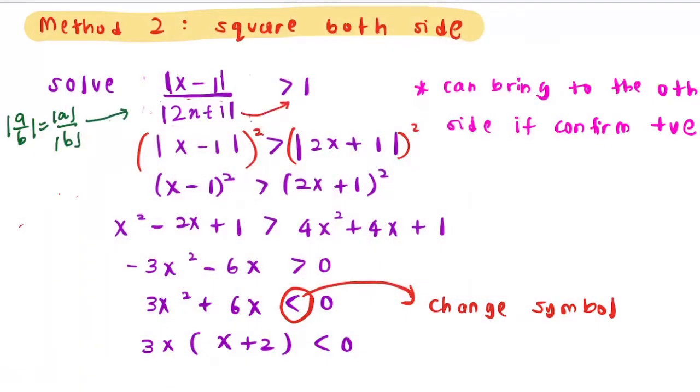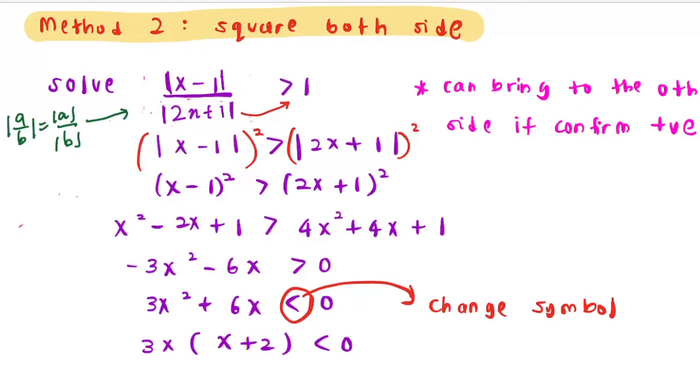Just now I reminded you that you cannot cross multiply because we don't know whether the denominator is positive or negative. However, for this question, we can cross multiply because we have confirmed that absolute value is always positive. Therefore, just cross multiply. After you cross multiply, you can just square both sides.